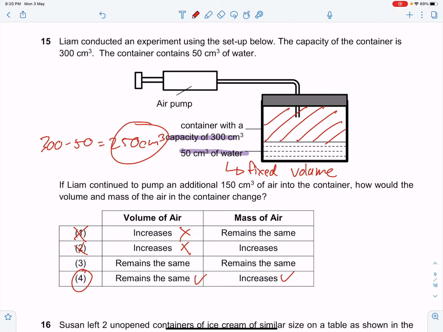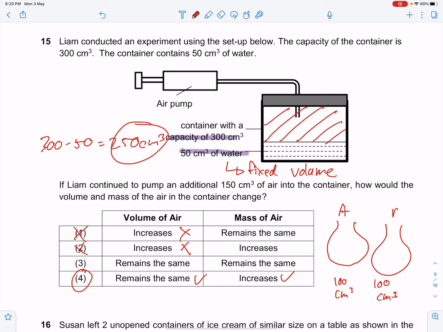So take for example, if I have 2 containers. They both have a maximum capacity of 100 cm cube.